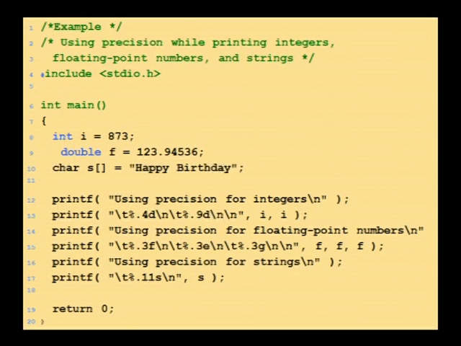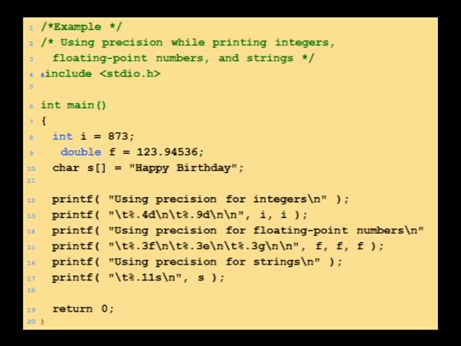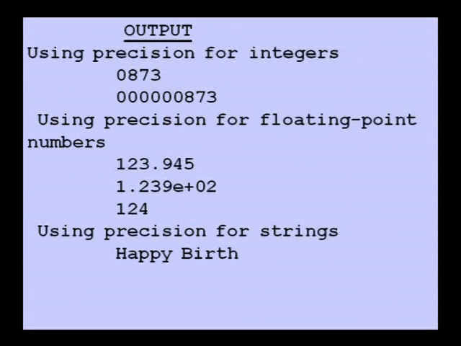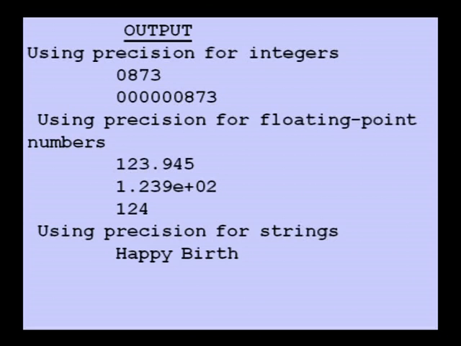So next, that is for integers. Then using precision for floating point numbers, again the same message, using precision for floating point numbers, you will get it. See what value you are given, 0.3f. Yes, you want the floating one, with 3 decimal digits. In 123.945, there are 5 digits after the decimal point, but you want to print only 3 digits after the decimal point, so 123.945.